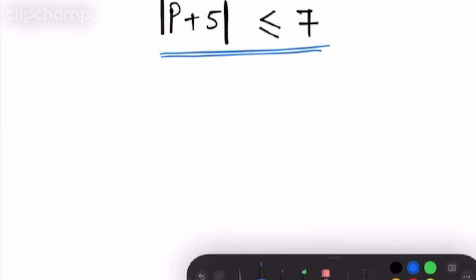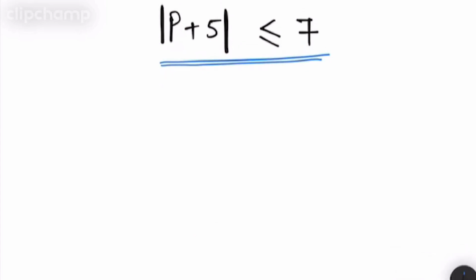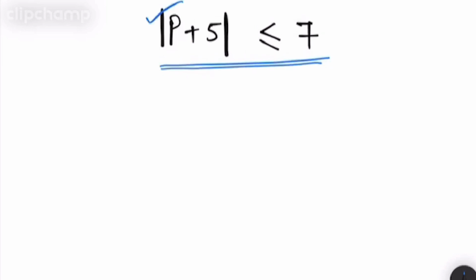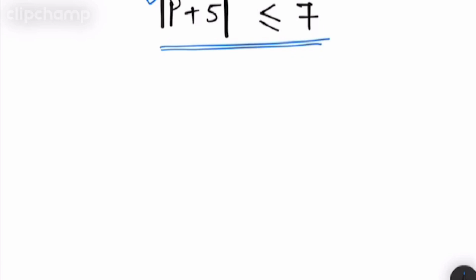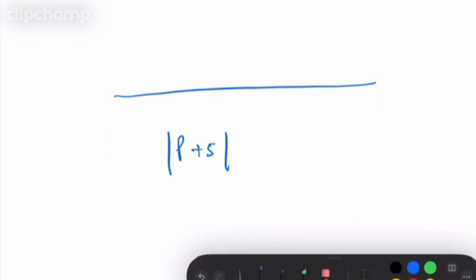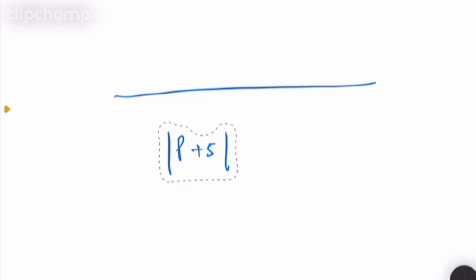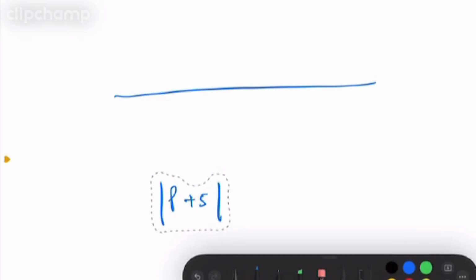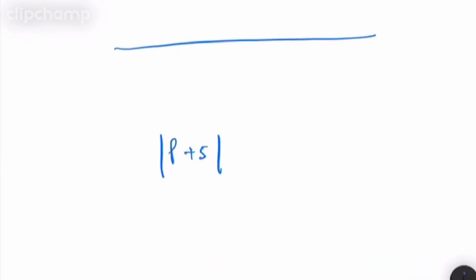So let's get started. Here we have to see very clearly that mod of p plus 5 is less than or equal to 7. Now we first draw a number line, and what is the value here which we need to consider? Mod of p plus 5, it can be written as p minus minus 5 within mod.